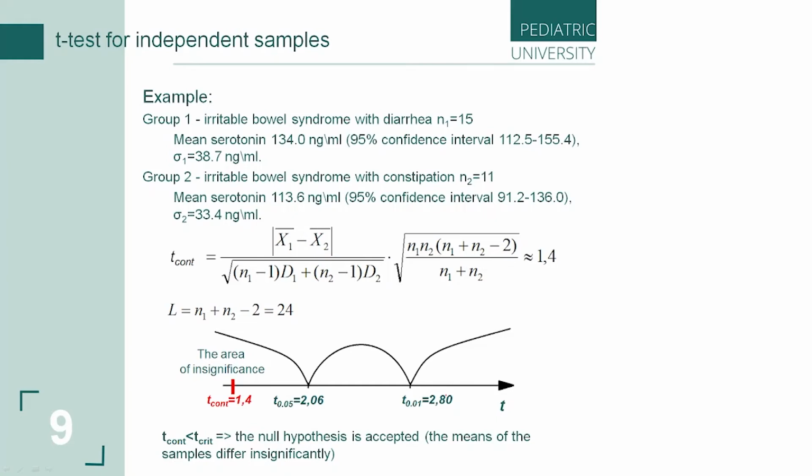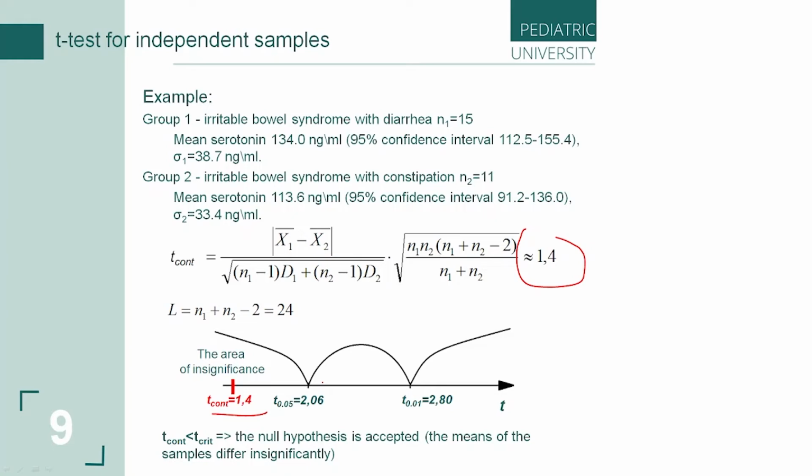We see that our criterion value of 1.4, which we calculated according to this formula, is less than the critical value for significance levels of 0.05 and 0.01.